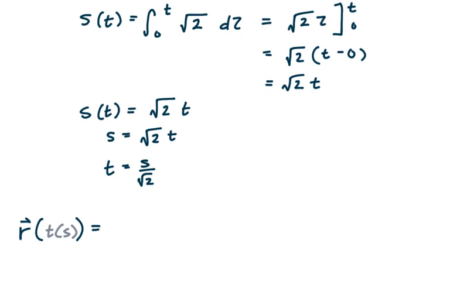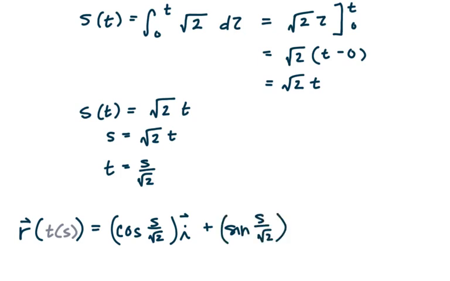Instead of just cosine t, we're going to have cosine of s over root 2 i plus sine of s over root 2 j, and then plus t k, so s over root 2 k.